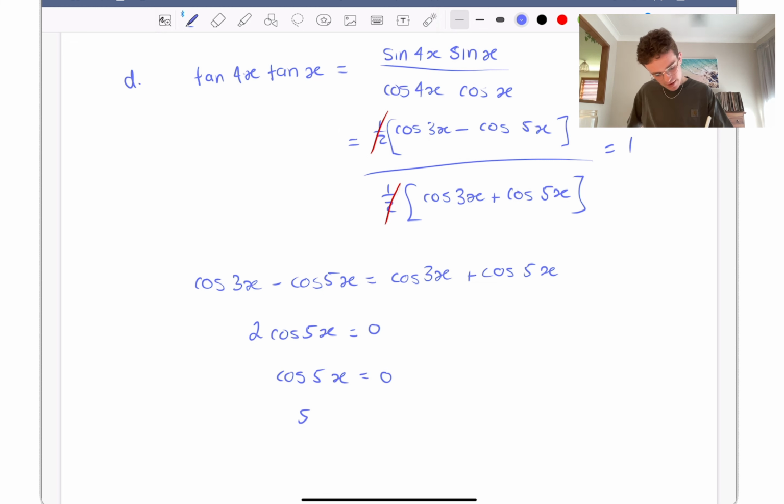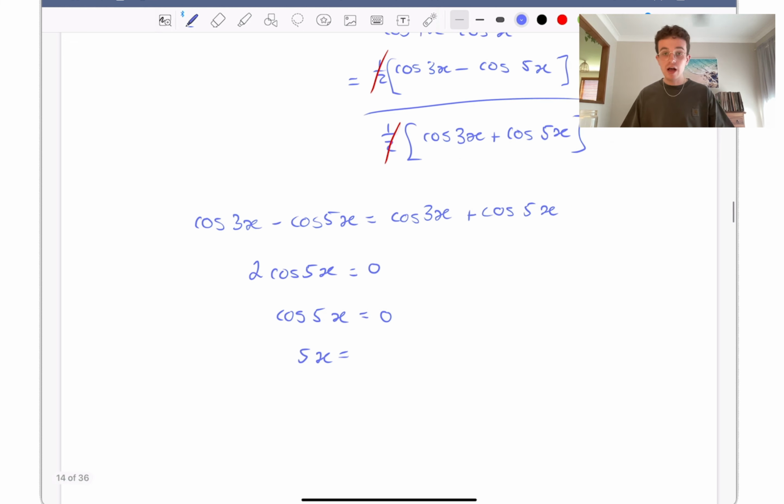And that means 5x is whenever cos of 5x is equal to 0. Now cos inverse of 0 is pi on 2, 3 pi on 2 and so on. Dividing both sides by 5, we get x is equal to pi on 10 and 3 pi on 10, which is the two things we had to prove satisfied the equation, so we're done.